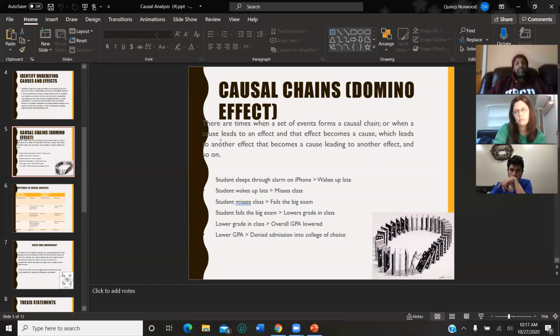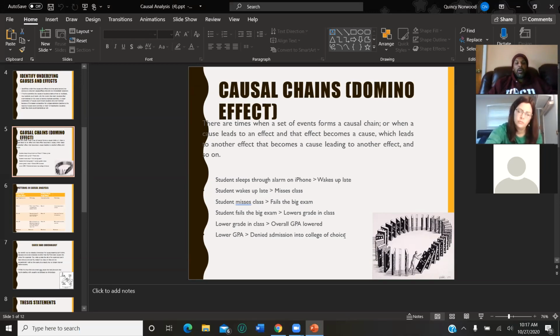There are times when a set of events forms a causal chain, when a cause leads to an effect, and then that effect becomes a cause, which leads to another effect, which becomes a cause, and so on and so forth. That sounded like a lot, but here's how it could play out.